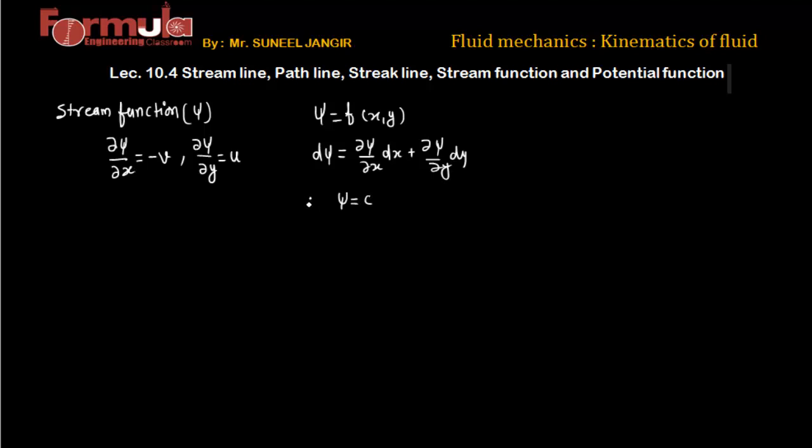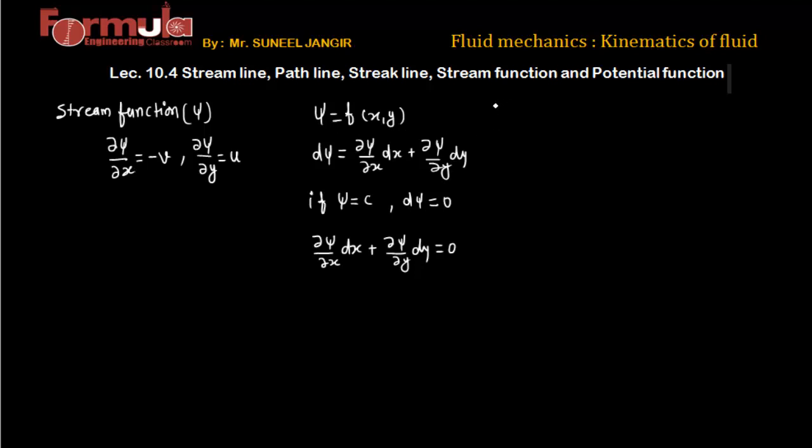Then the change in this function is going to be 0, obviously, since it is constant. So we can rewrite this equation as del psi by del x dx plus del psi by del y dy equals 0. This is obviously a 2D function, lying in x and y only.